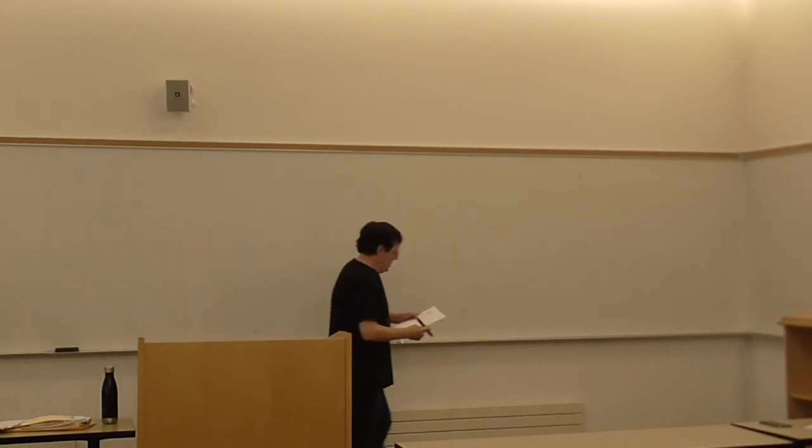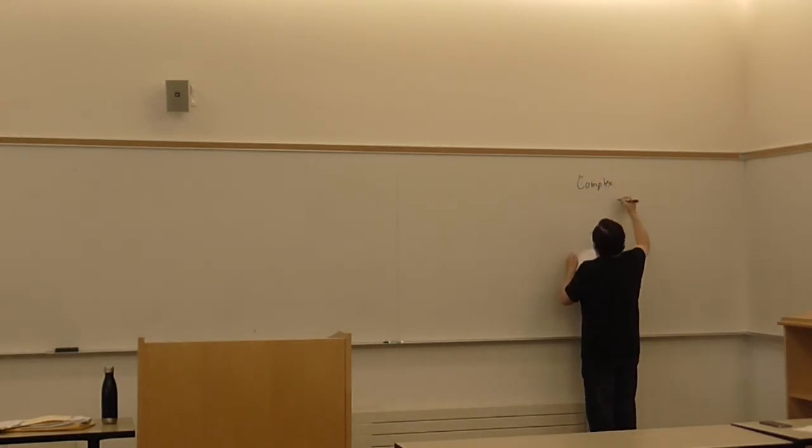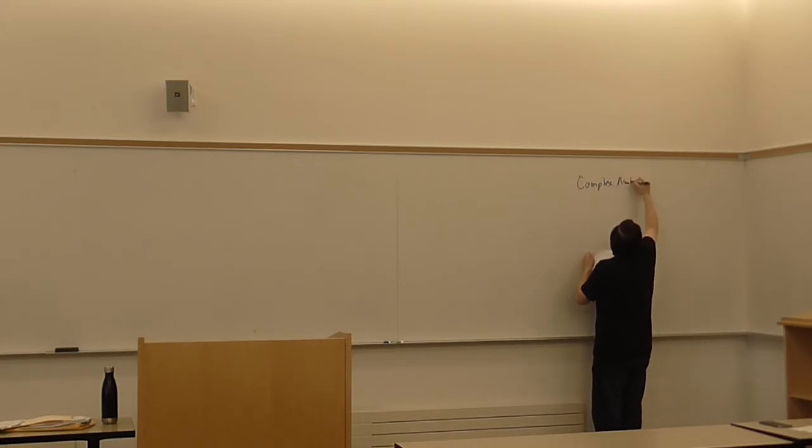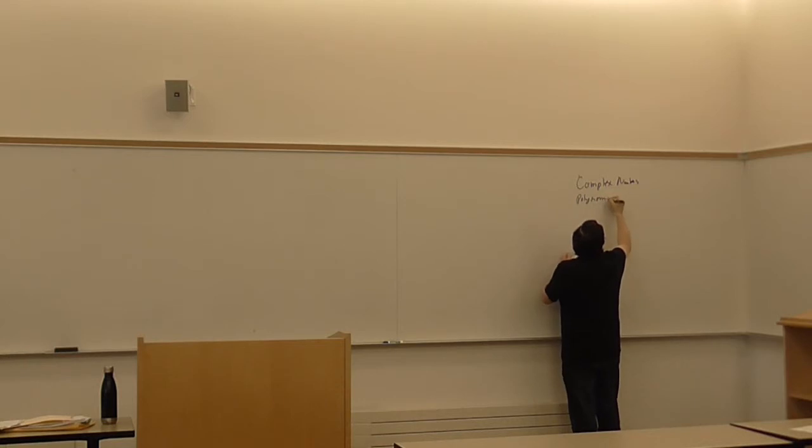What was bothering me about it is it just seemed like we're learning a bunch of random things. I'm going to describe some of them. We learned a little bit about complex numbers. We learned about polynomials. We just spent some time with exponential functions.